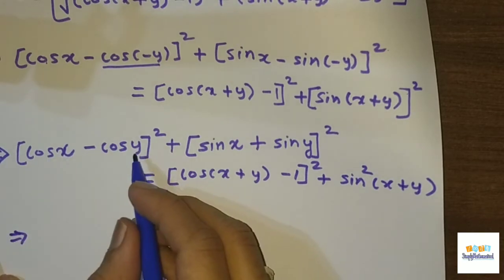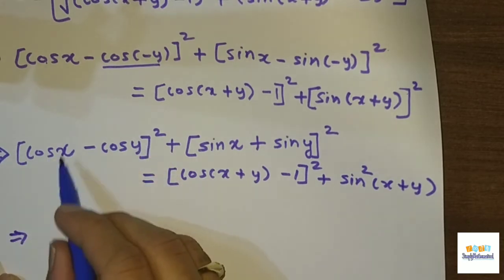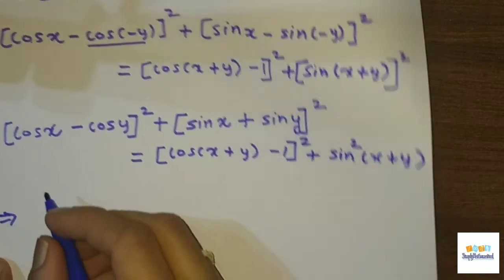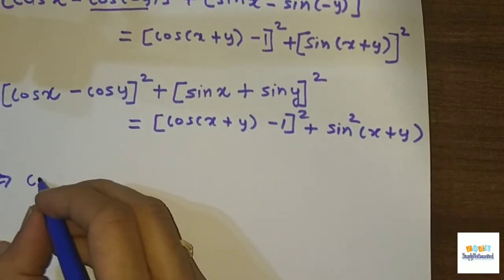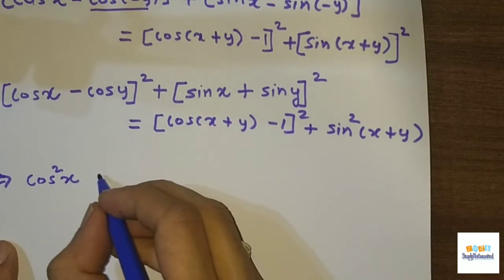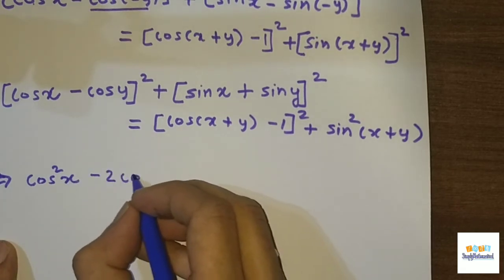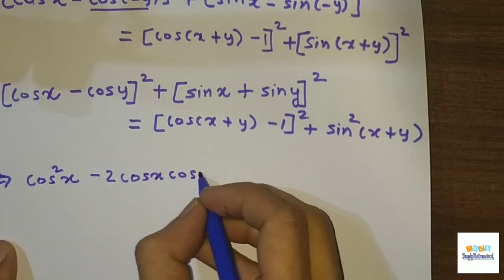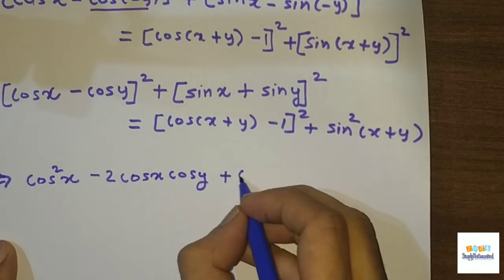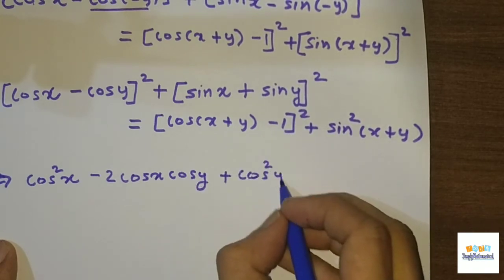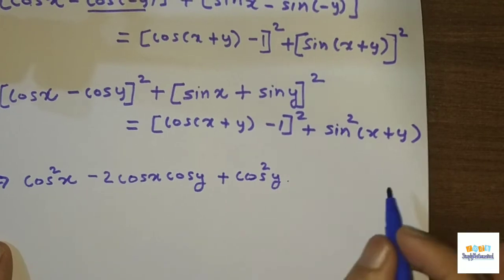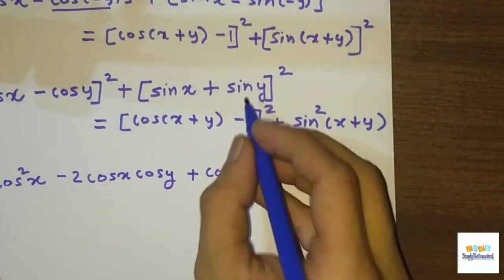Now let us proceed. Let us expand this. This is the a minus b the whole square formula, right? So it is a square, cos square x, minus 2ab, so cos x cos y, plus b square, so cos square y. Now let us again use the same formula for this.